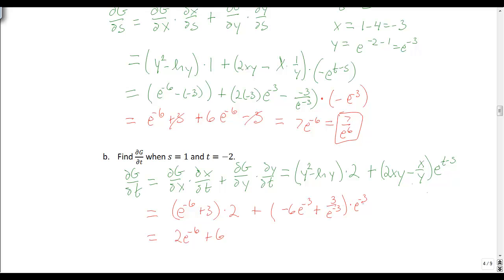I distribute here, the e to the negative 3 times e to the negative 3 is e to the negative 6. So minus 6 e to the negative 6. E to the negative 3's cancel. I get plus 3. And this one I have 3 plus 6 is 9. And then I get minus 4 e to the negative 6. You could write that if you want as 9 minus 4 over e to the 6. So there's your answer there.